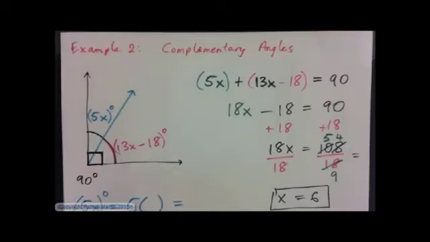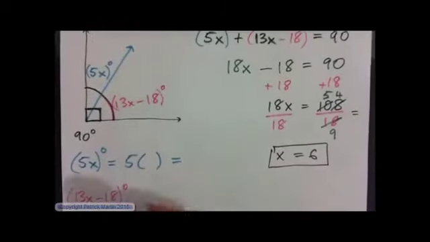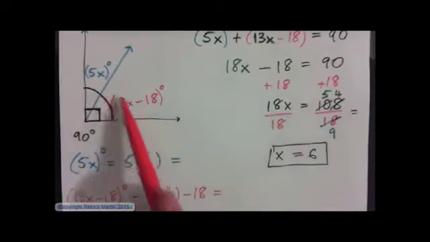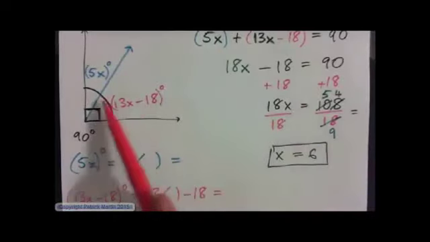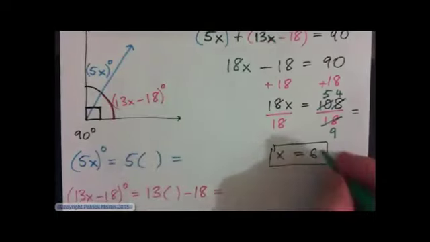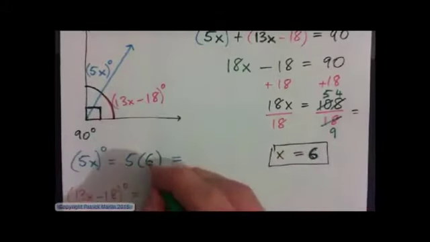Also, the other one, 13x minus 18 degrees: if you plug x into it, 13 times x minus 18, you'll find the angle measure of the red angle. So you can take x equals 6 and plug it into this and this to figure out both angles.